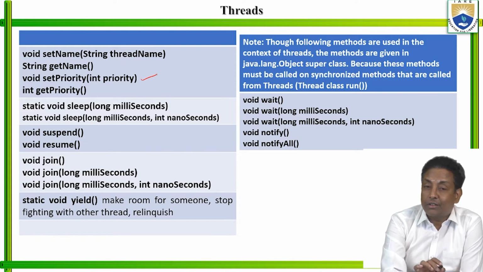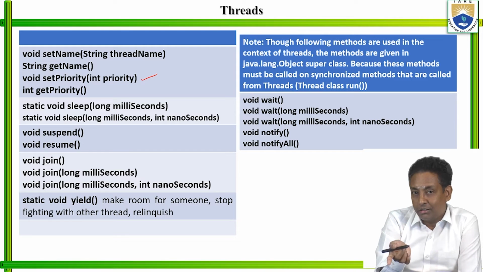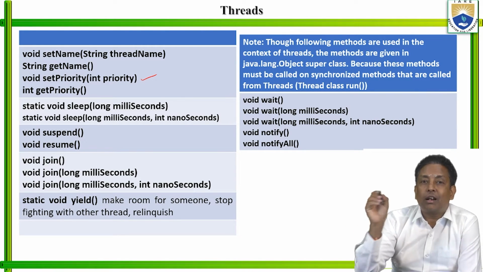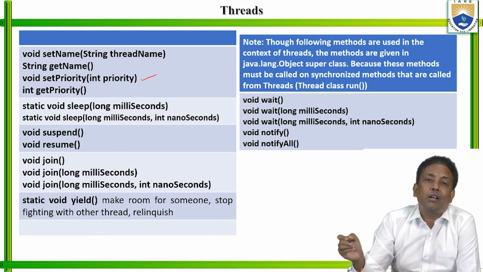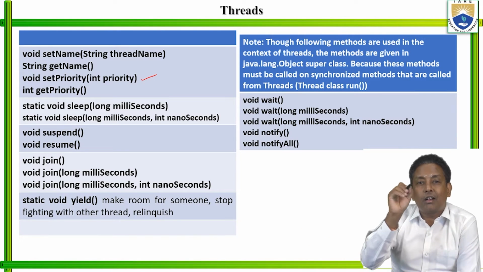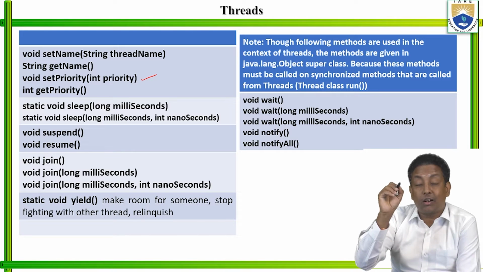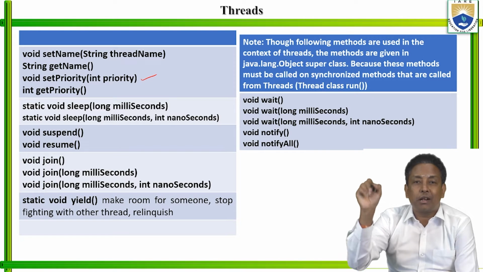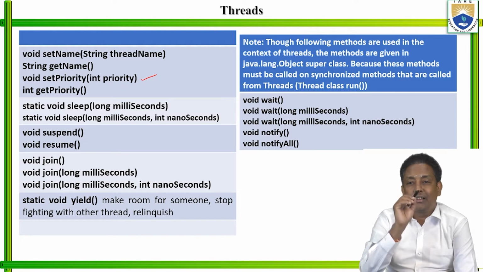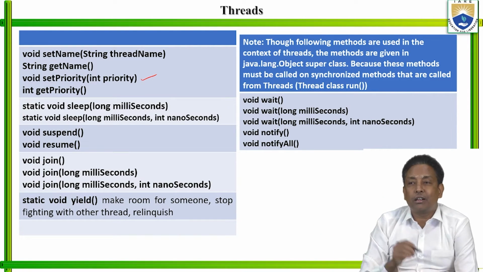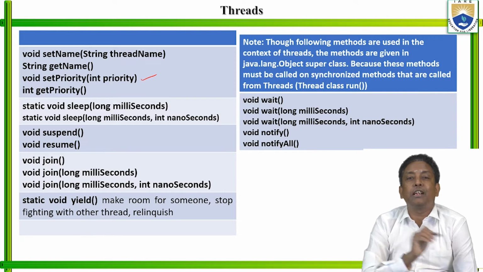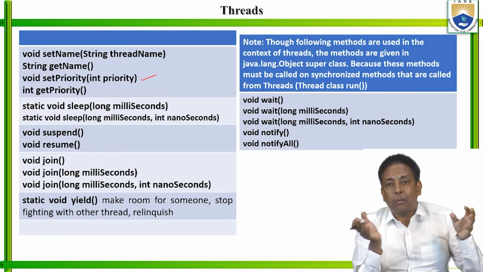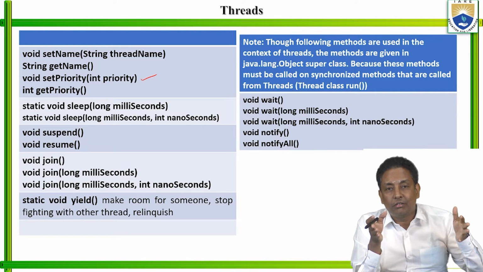You can change the priority of threads by passing numbers 1 to 10, or Thread.MIN_PRIORITY, Thread.NORM_PRIORITY, Thread.MAX_PRIORITY, or Thread.MIN_PRIORITY plus 2, which is 1 plus 2, meaning 3. Thread.MAX_PRIORITY minus 2 is 10 minus 2, which is 8. So you can vary the priority of the threads from 1 to 10.